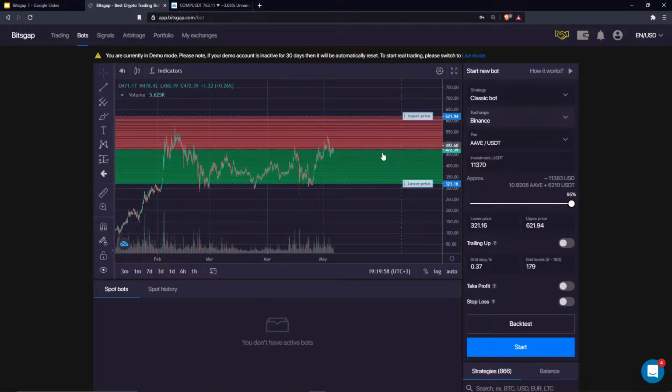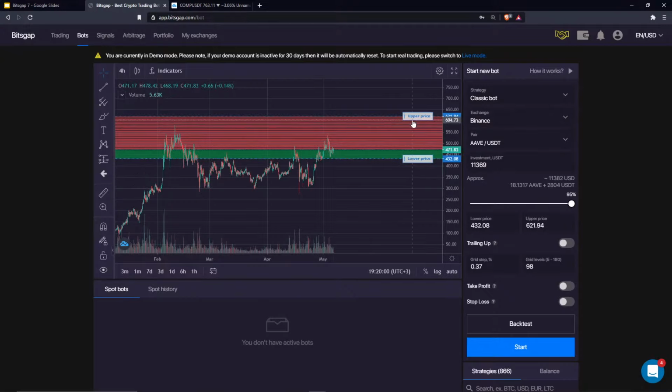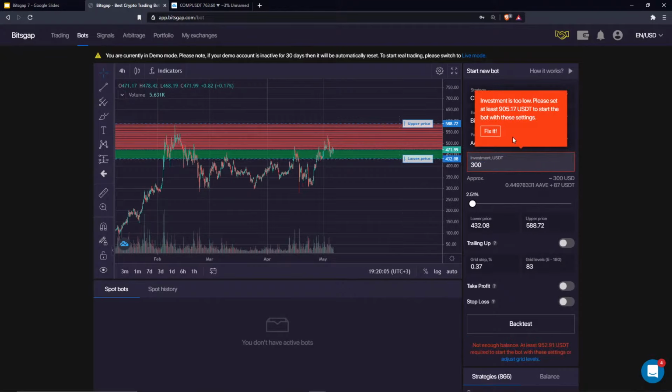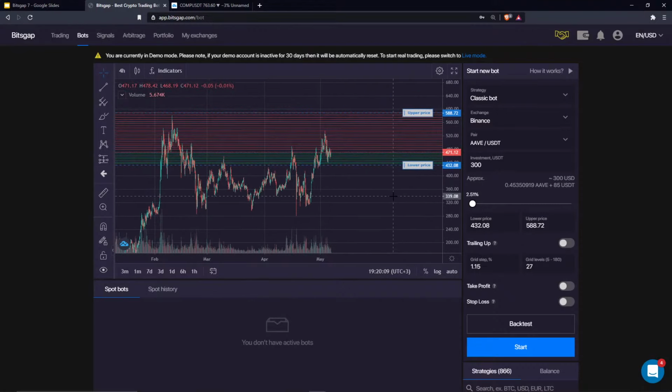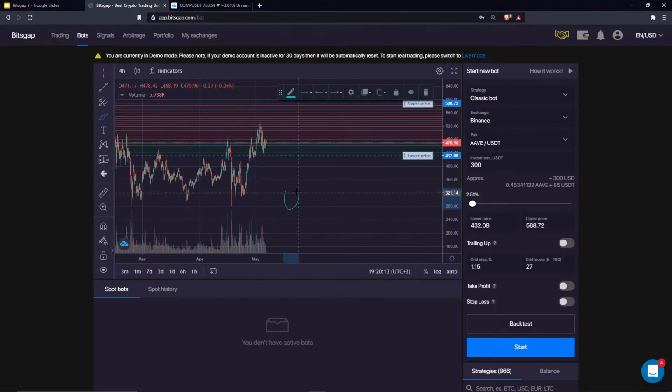So yeah, let's go back to the initial configuration, this one, 300 investment, I think. Yeah, that's the one we had. Adjust. So for me this grid step is good enough. It's a decent value. I usually trade from 0.67, the last one I traded, up to around 1.2%.